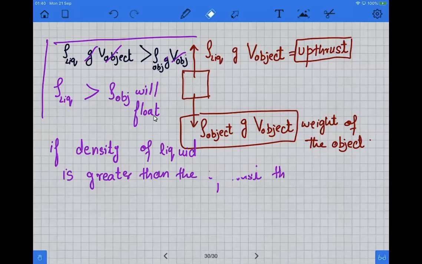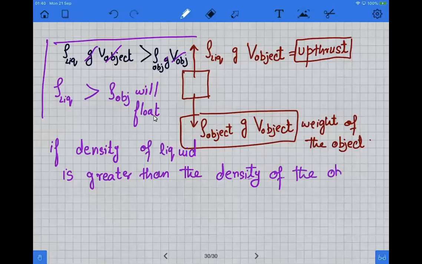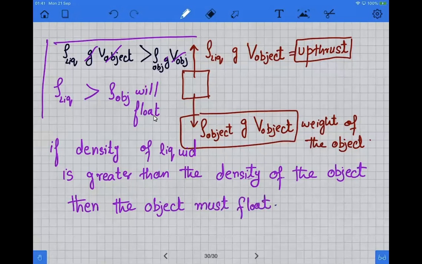If the density of the liquid is greater than the density of the object, then the object must float, and it's the other way around as well.